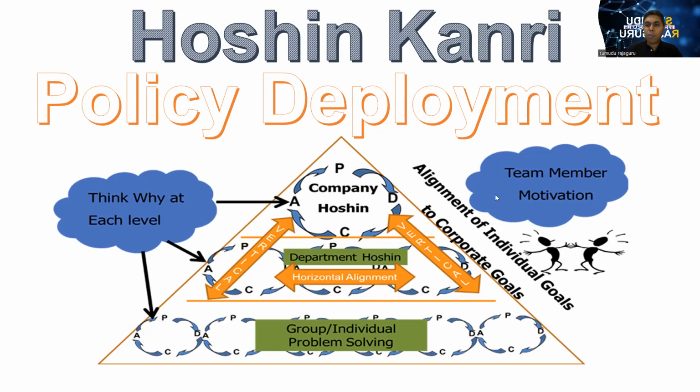Based on the achievement, team members can be motivated. So there are a lot of things when we prepare the Hoshin Kanri. Today I'm going to explain in a very perfect way what Hoshin Kanri is and how we can develop Hoshin Kanri.